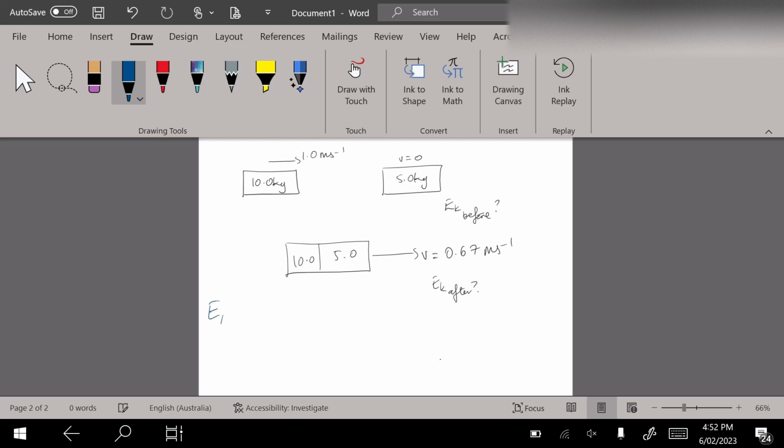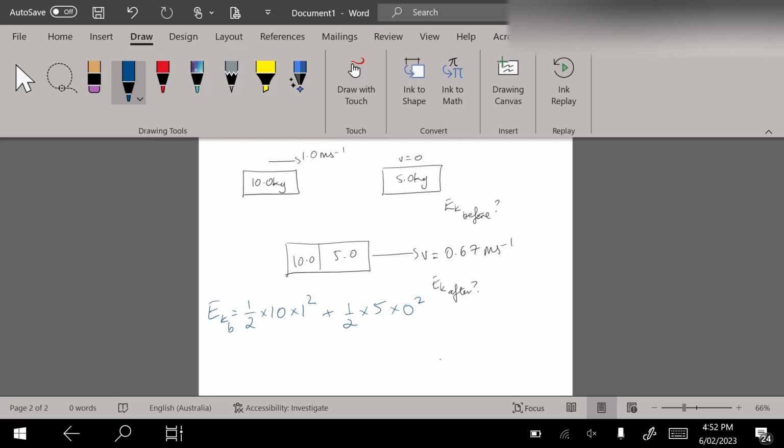Kinetic energy before. So EKB, energy kinetic before, equals 1/2 times the mass of the first object, 10, times its velocity, 1 squared. Don't forget the squared. Plus 1/2 times 5 times 0 squared. So I found the kinetic energy of one object and the kinetic energy of the other, and added them together.